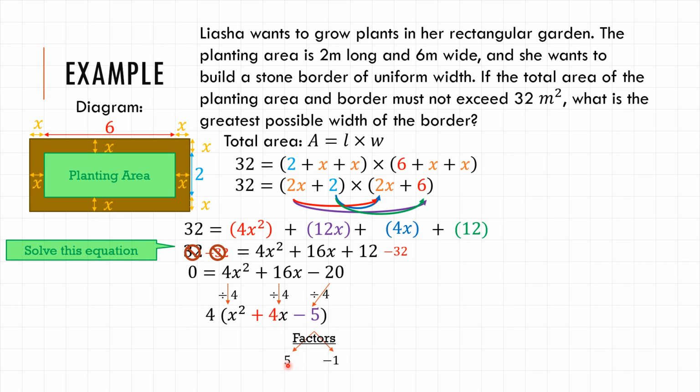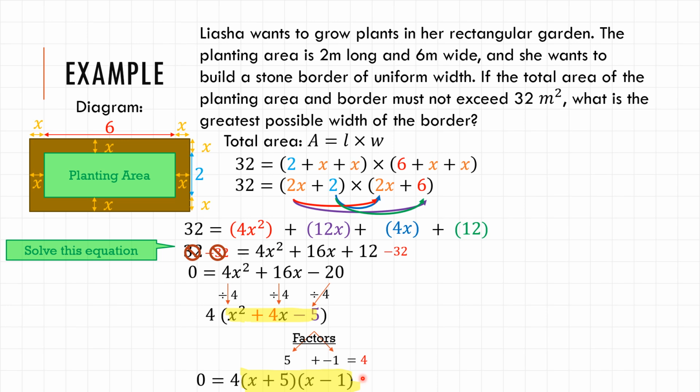And that is positive 5 times negative 1 gives us negative 5, and positive 5 plus negative 1 gives us 4. And so these are my two factors, and therefore this expression right here factors into x plus 5 times x minus 1.